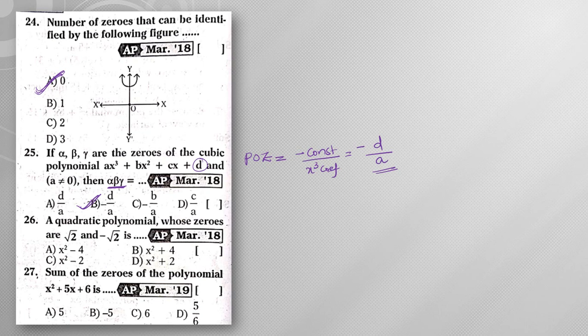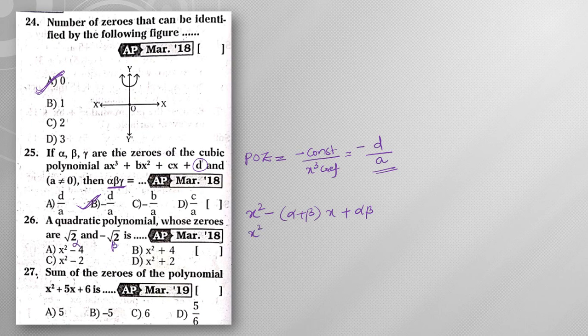Next, moving on to question number 26. A quadratic polynomial whose zeros are root 2 and minus root 2. So already we know the formula for quadratic polynomial. It is nothing but x square minus of alpha plus beta into x plus alpha beta. So here the signs come alternately, plus minus plus. Now this is my alpha and this is my beta.